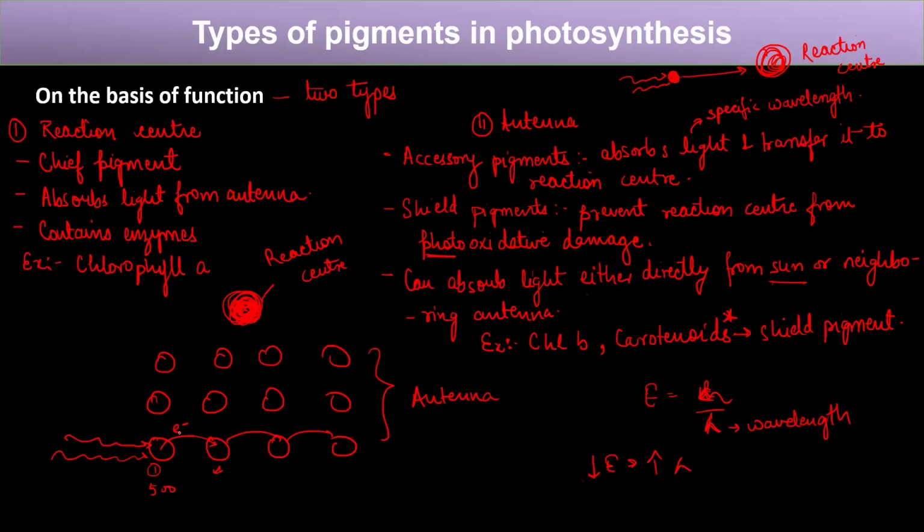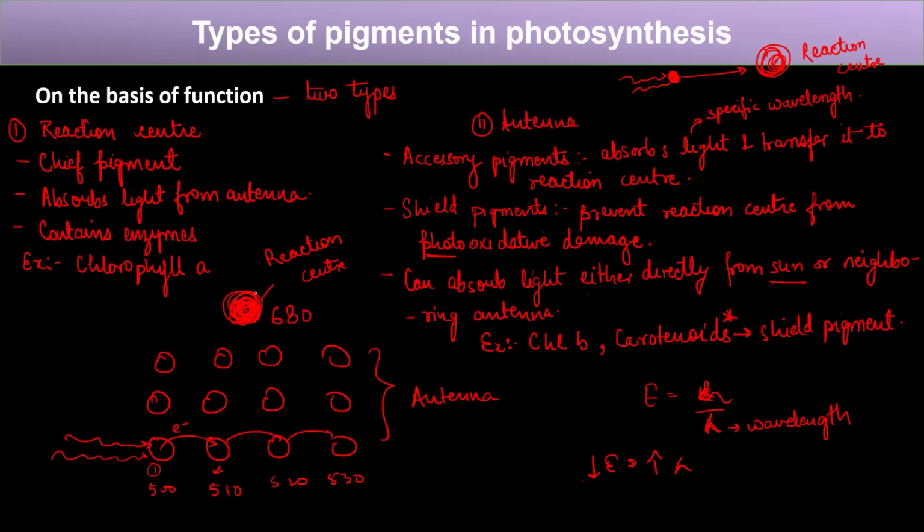So once it is transferring its energy, it will always be towards the higher wavelength, not the lower. The next pigment will always be higher than 500, so say 510, 520, 530, likewise, and by the time it reaches the reaction center, it will be say 680.